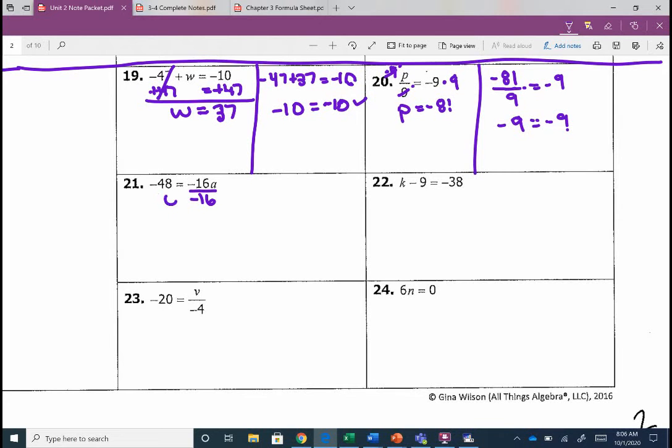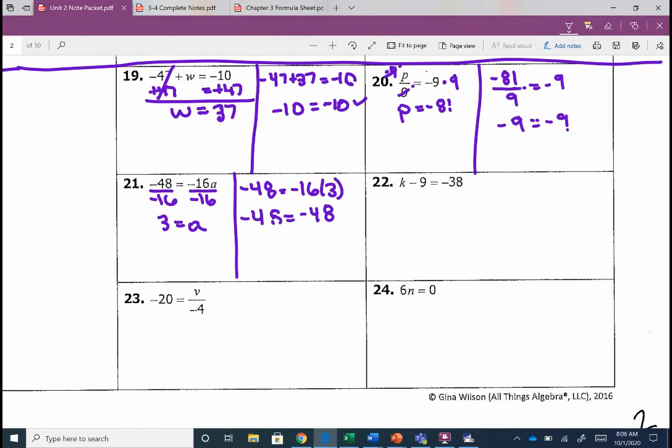And we're going to divide by what's next to that variable, next to that a. Negative divided by a negative gives me a positive. Now I go to check. And I get negative 48 does equal negative 48.